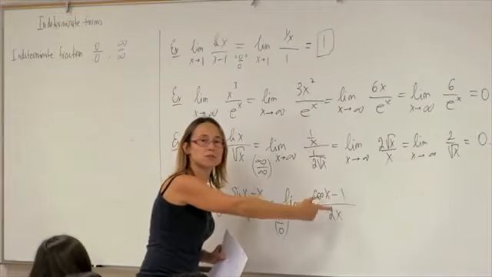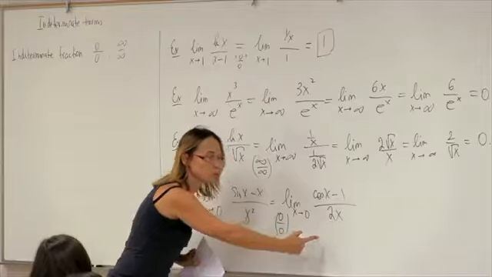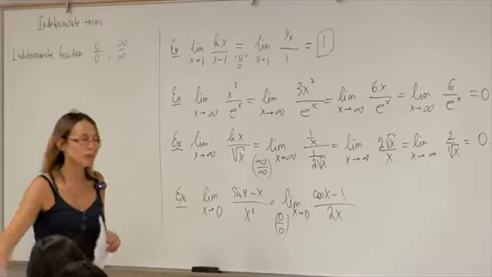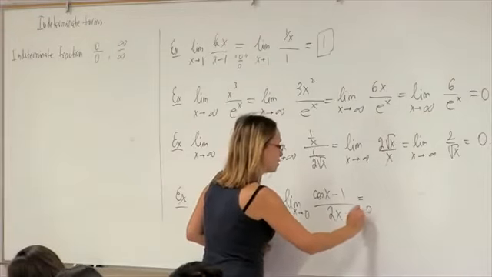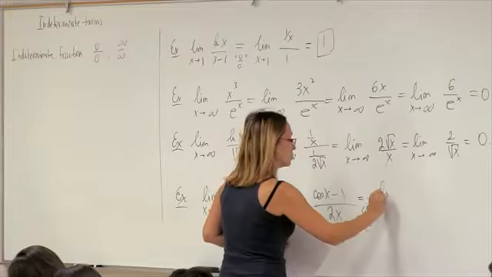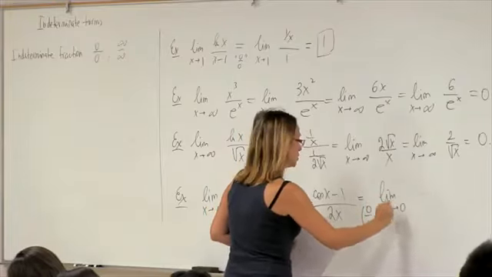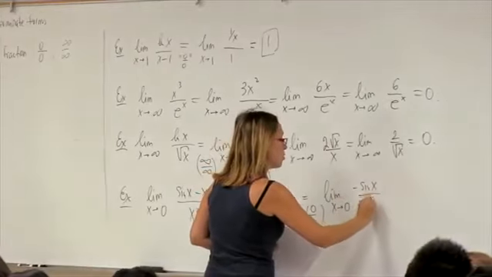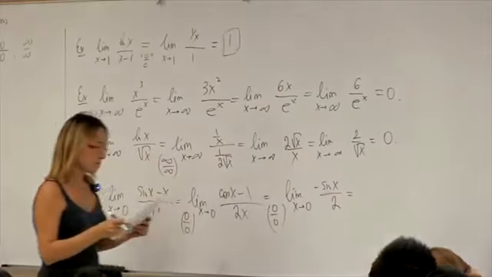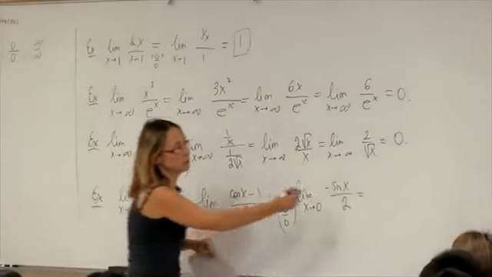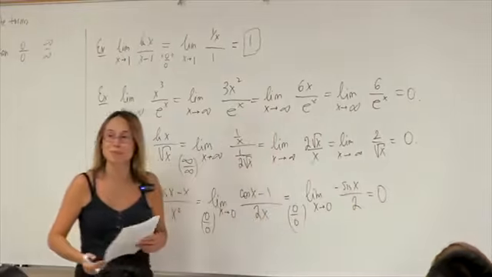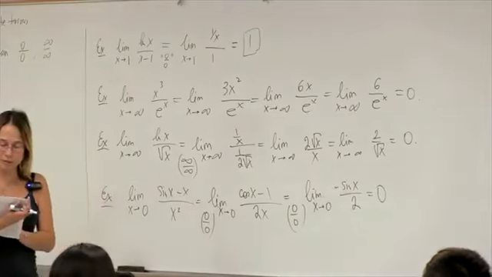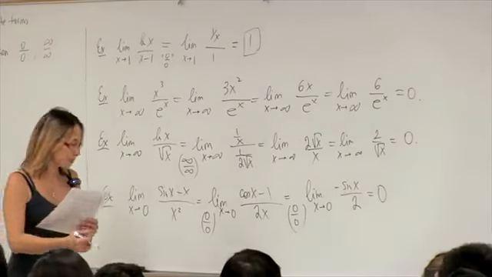So we still have 0 in the numerator, and we still have 0 in the denominator. Do it again. Again, 0 over 0. So the limit as x goes to 0 of minus sine x over 2. What's the answer? Now it's 0. It stops being an indeterminate form at some point, and we can simply evaluate the answer.